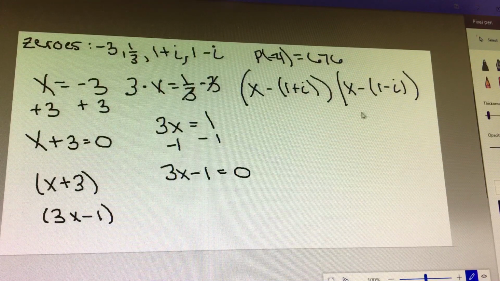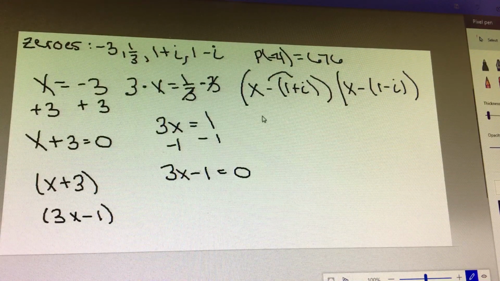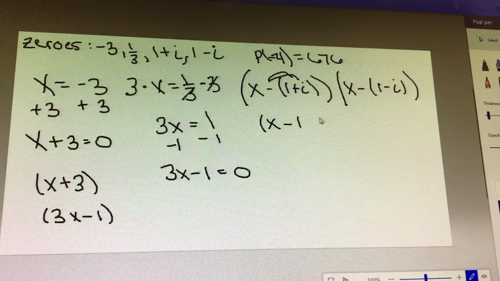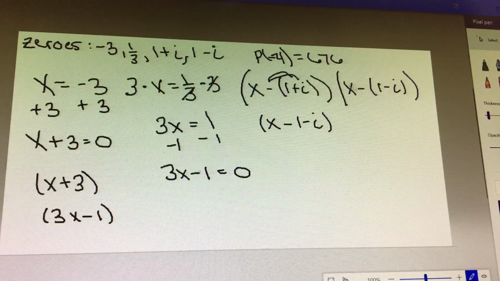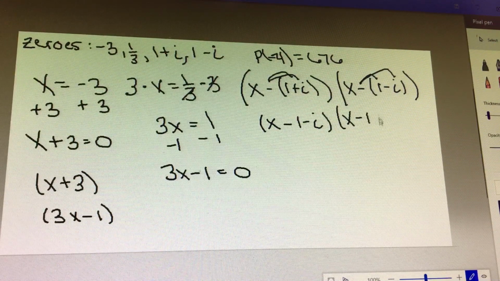Before I get that into strictly parentheses, I need to take this minus sign and distribute it. So here I'm going to have x minus 1 minus i, and here x minus 1 plus i. So these are my 4 factors.